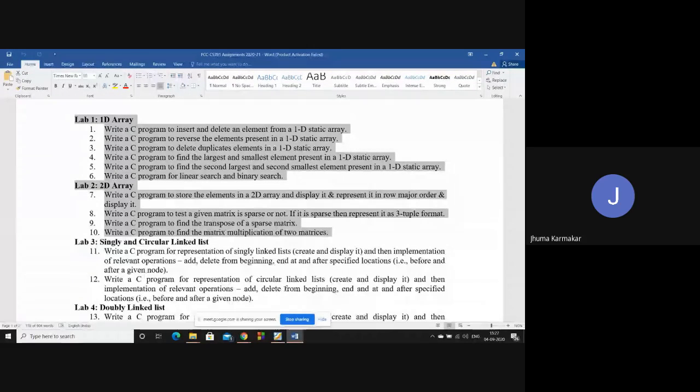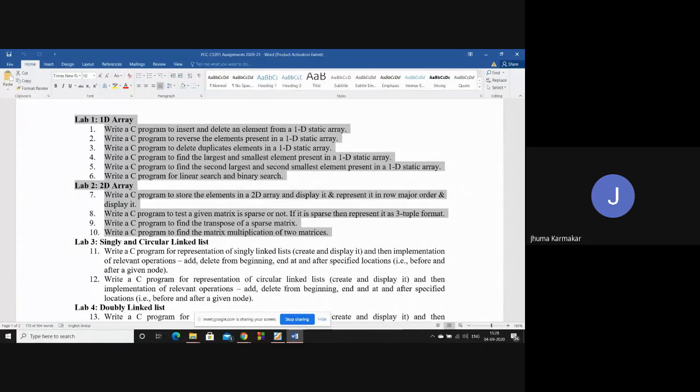Then transpose of a sparse matrix. Can you write a program to transpose a matrix? Yes, ma'am. Instead of printing Cij, we will be printing Cji.